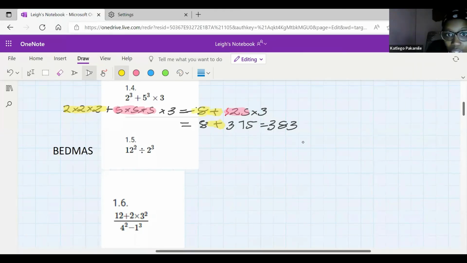Is everyone with me so far? Yes, ma'am. There we go. And then we have another multiplication. Right, so before you add, you're going to say 125 times 3, and that's your answer, 375. Then you do the addition, which is your last step. So 375 plus 8 is 383. Does everyone understand? Are you feeling better?